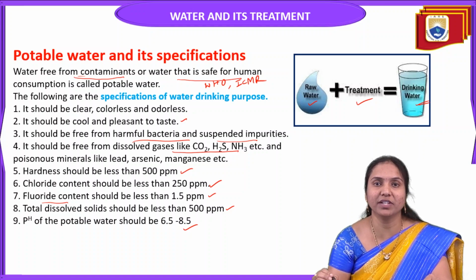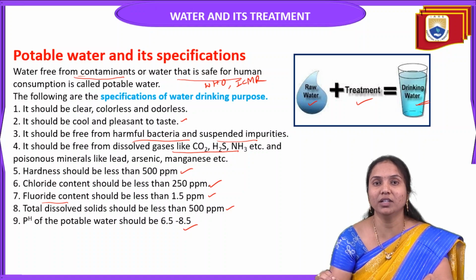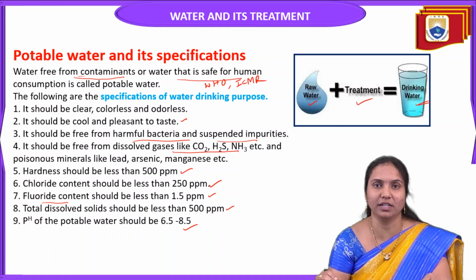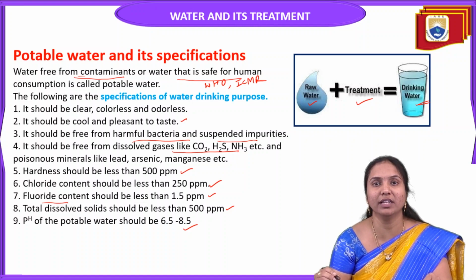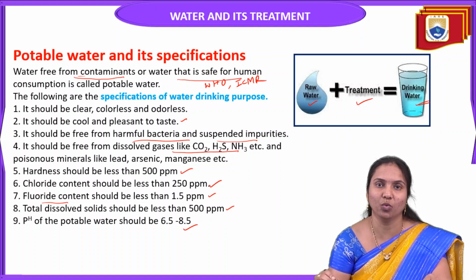So what is the specification of potable water? According to the World Health Organization and the Indian Council of Medical Research, the water should be clear, colorless, odorless, and it should be cool and of pleasant taste. And it should be free from dissolved gases, harmful bacteria, or any suspended impurities present in water.